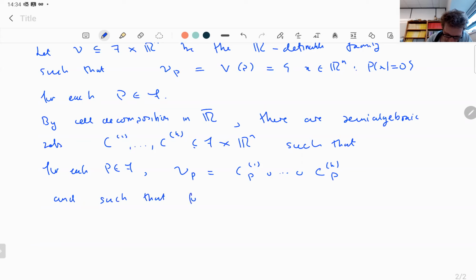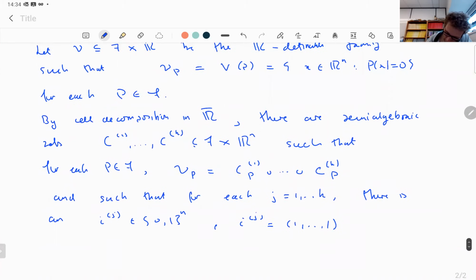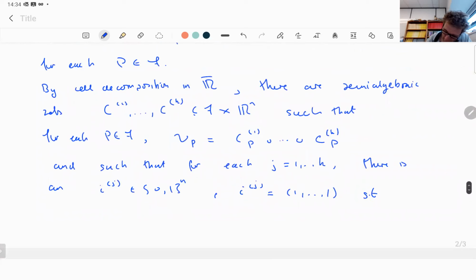such that for each J from 1 up to K, there is an I_J, a sequence of zeros and ones of length n, not equal to all ones, such that for each P, the fiber C_JP is either an I_J cell or empty.